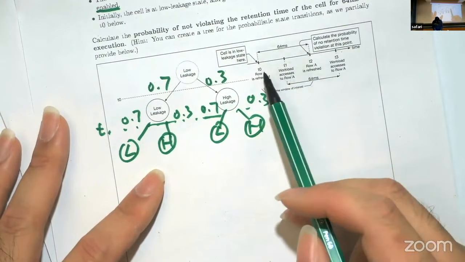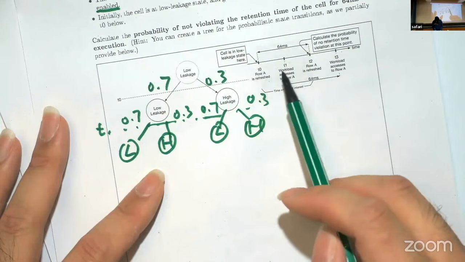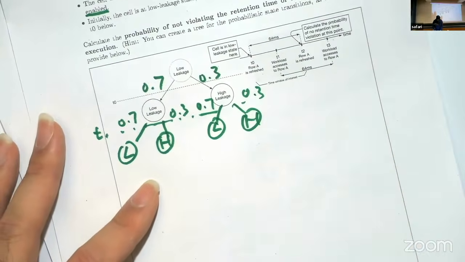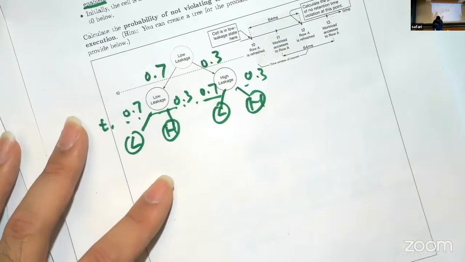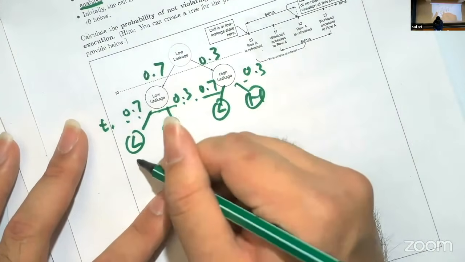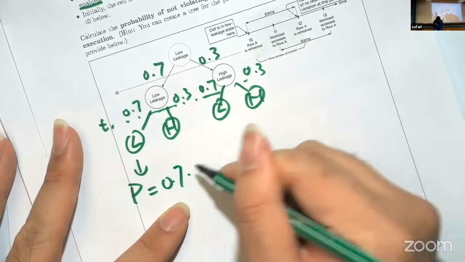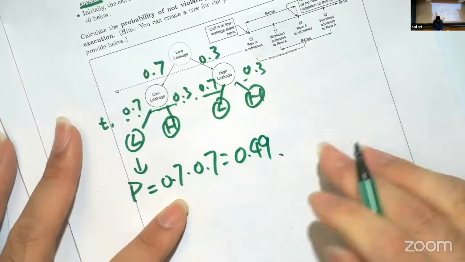And we know that the time between T0 and T2 is just 64, so there could not be any retention time violations. So this is a go, and this is 0.7 times 0.7, a 0.49 chance.